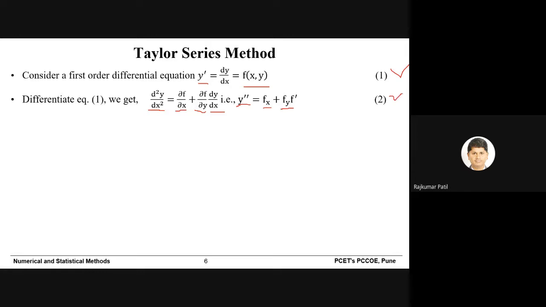Similarly, we can differentiate equation 2 again, and we can repeat this process continuously in order to get y triple dash, y raised to 4, y raised to 5, and so on. So in this way, you can calculate the higher derivatives of the given equation.